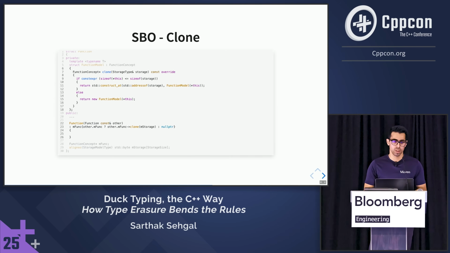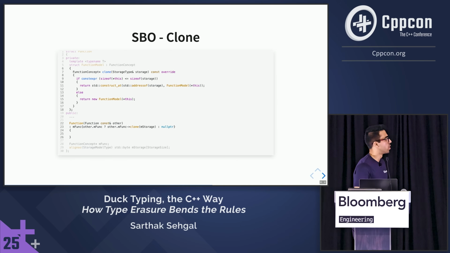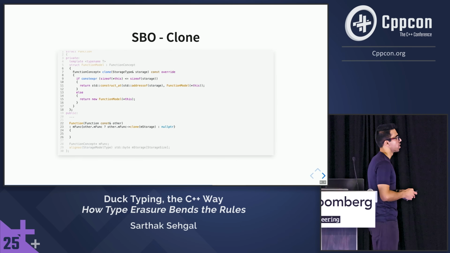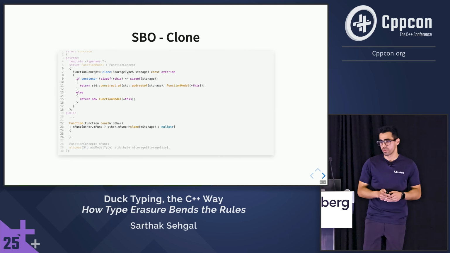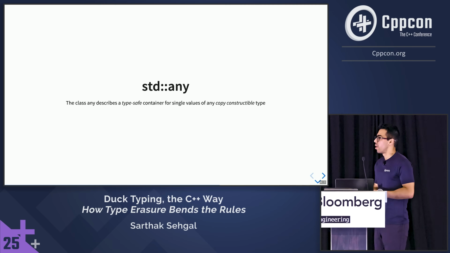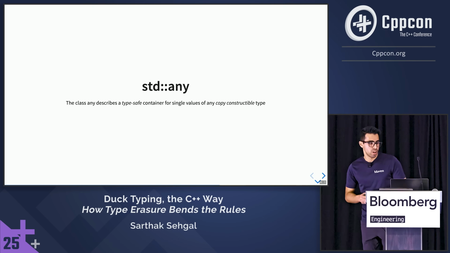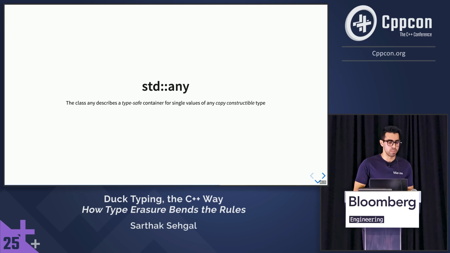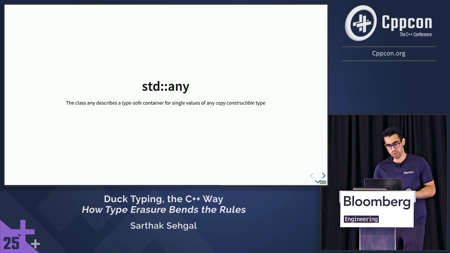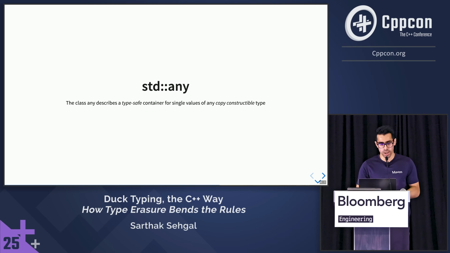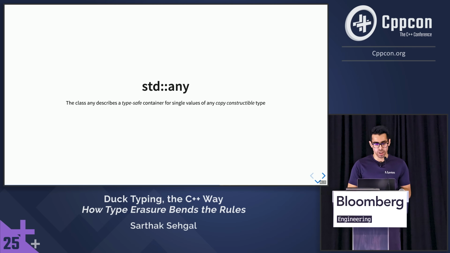So let's now have a look at std any, which is another type-erased component in the standard library. As per our favorite website, CPP reference, std any is defined as: the class any describes a type-safe container for single values of any copy constructible type.